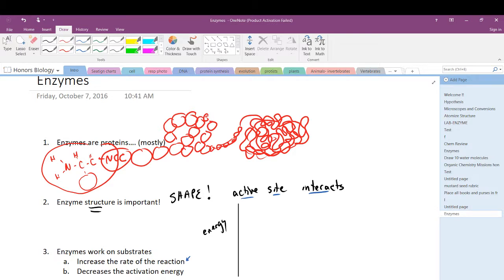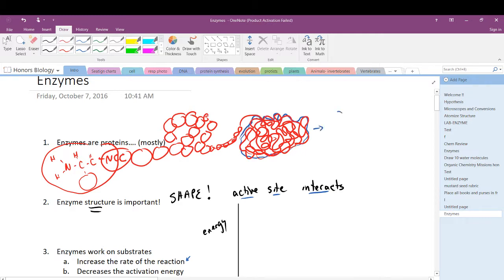It's just like a ball of yarn. If you were to look at a ball of yarn, you would say, hey, it looks like a ball. But if you looked at it more intently, you would see that it's made of yarn. Well, that's the idea. If you were to look at an enzyme, you'd see this chain of amino acids, but you would see that it has an overall shape to it. And that shape is going to be very important.